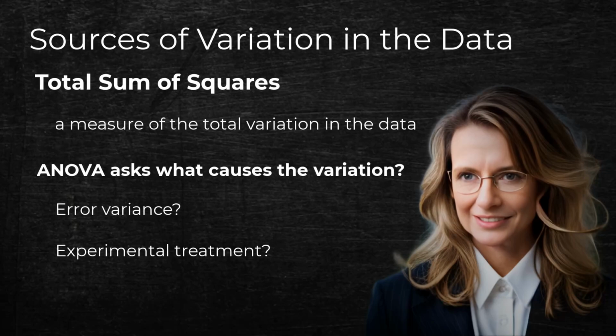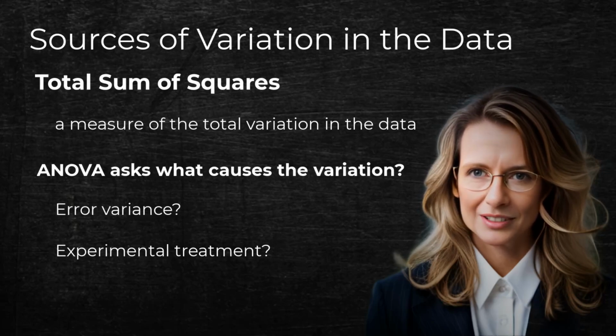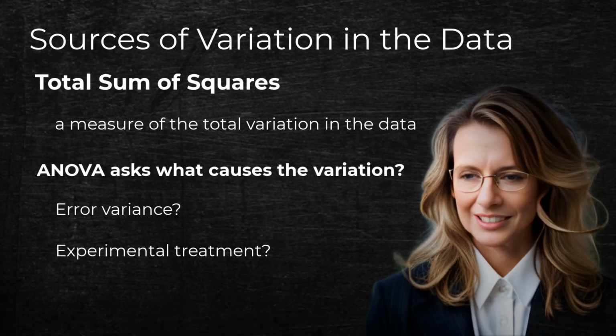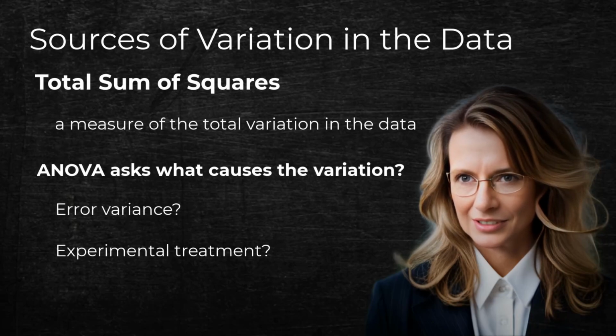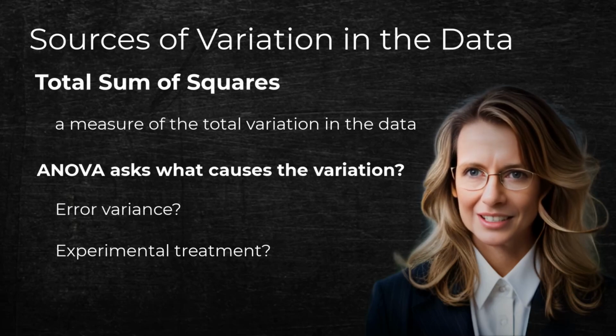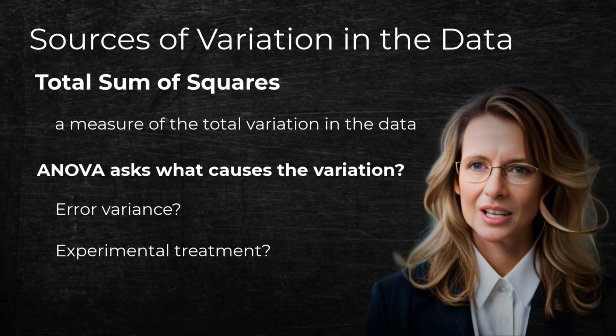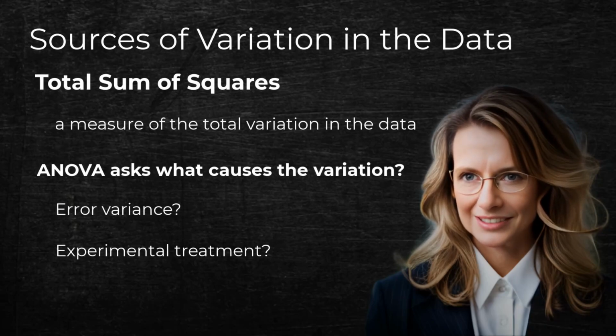If that were the case, the variation would be solely attributable to random error in each person's score caused by the processes we discussed in our video on experimental error: inter-individual differences, intra-individual differences, and lack of experimental standardization.